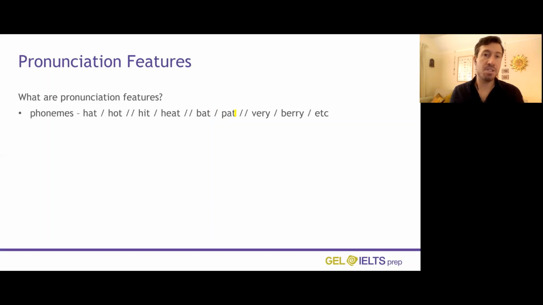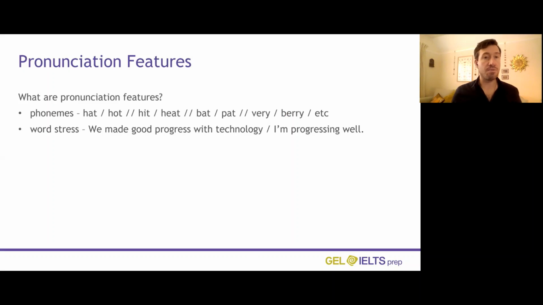For some nationalities, those two words sound exactly the same, but in English, they're two different sounds, b and p. So it's important to be able to recognize what's difficult for you and to try and improve the ones that are. Again, here's another example, very and berry. Just the first phoneme, v and b, are different.